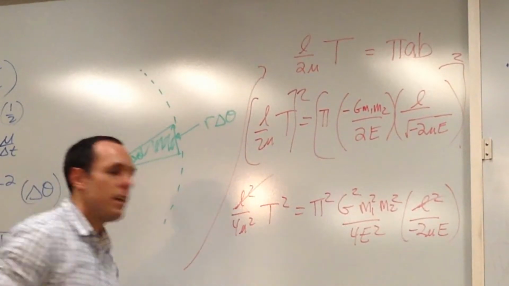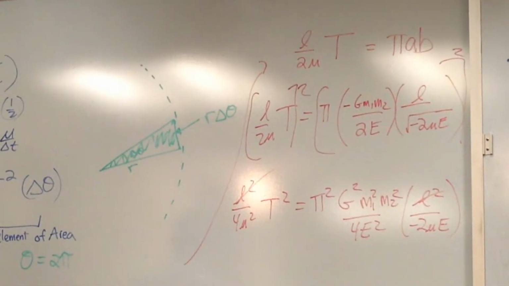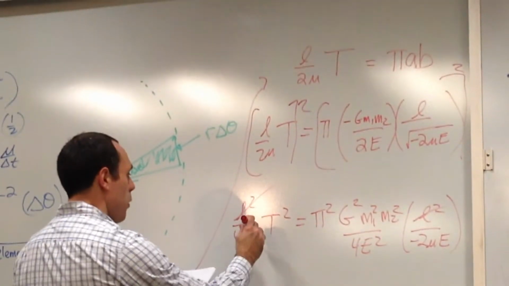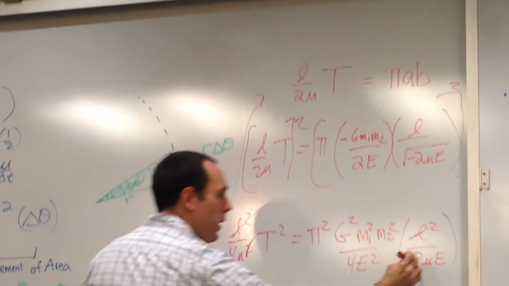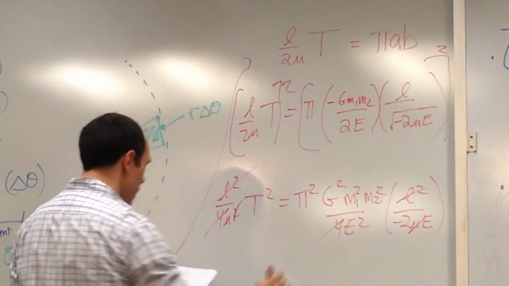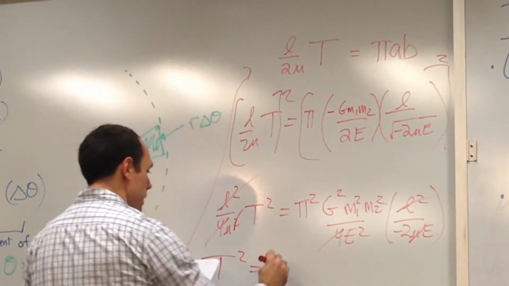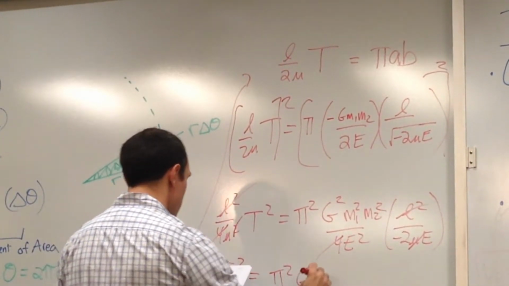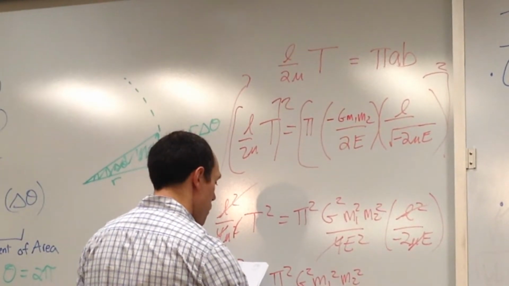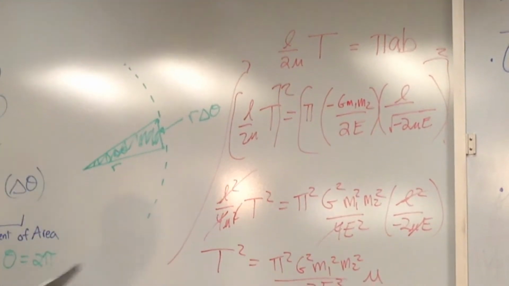They cancel out. So what was a constant of motion is now not necessary at all in our problem. I have a mu squared here and a mu there, so that cancels out the square. I have a 4 here and a 4 there. So I end up having the period squared equal to pi squared G squared m1 squared m2 squared over negative 2 times the total energy cubed times the reduced mass mu.